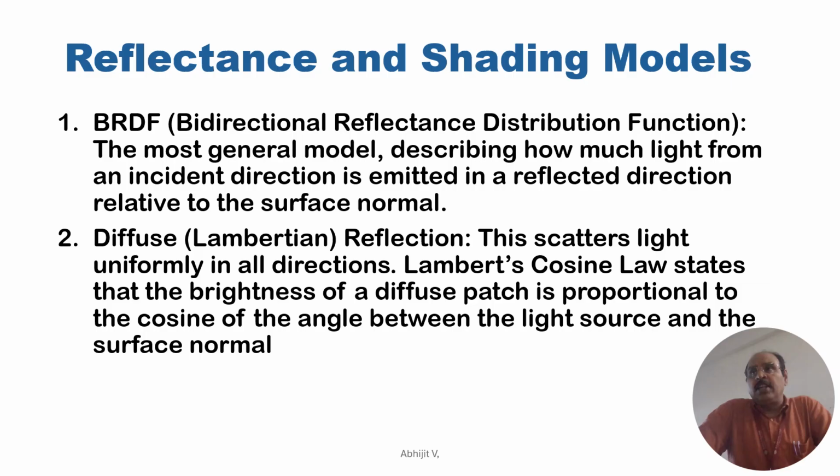Here we'll be describing the amount of light or the number of photons in other ways that fall on the particular object from the incident direction that is emitted in a reflected direction with reference to the normal to the surface.